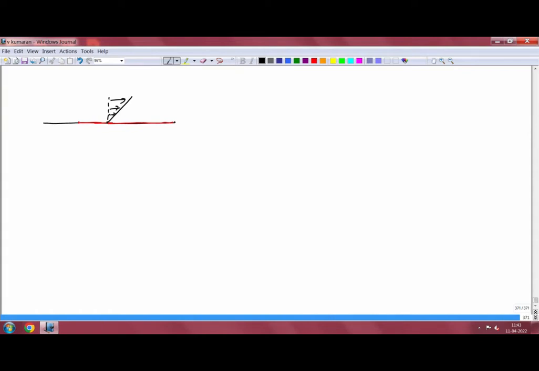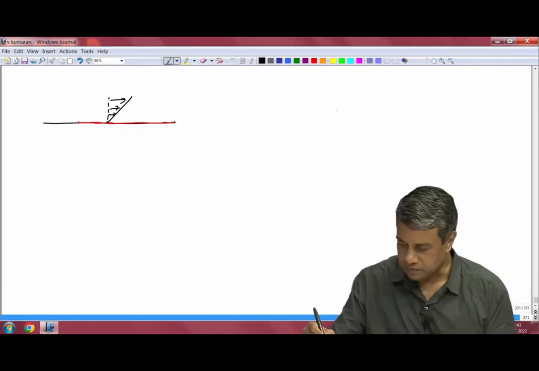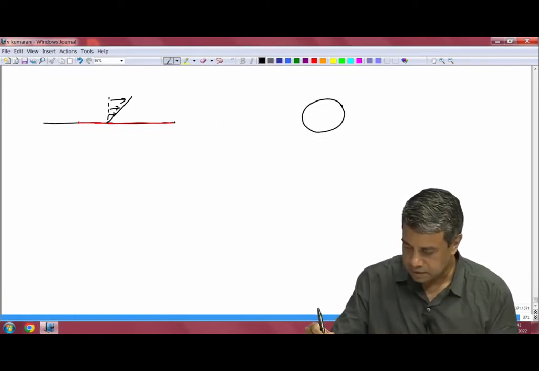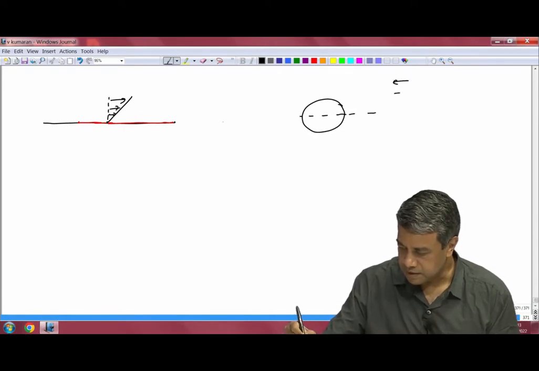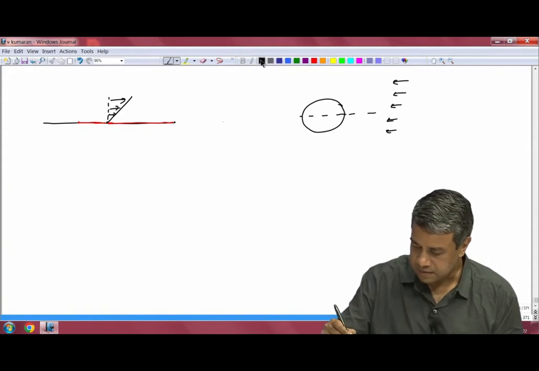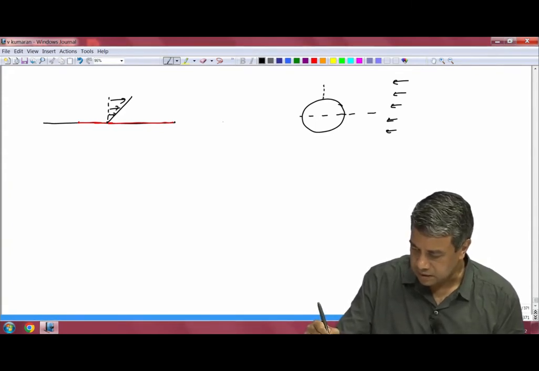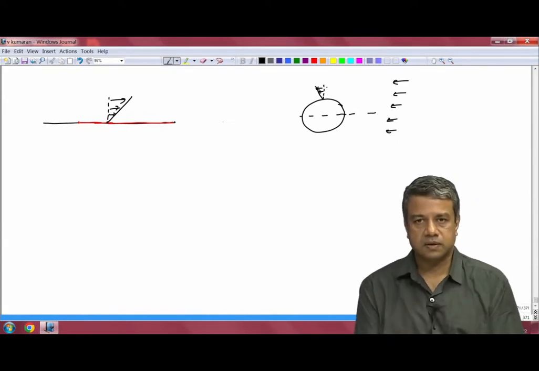And then we had discussed the flow past a spherical particle, in which there is a free stream velocity towards the surface, and in this case as well the velocity decreases to 0 at the surface.